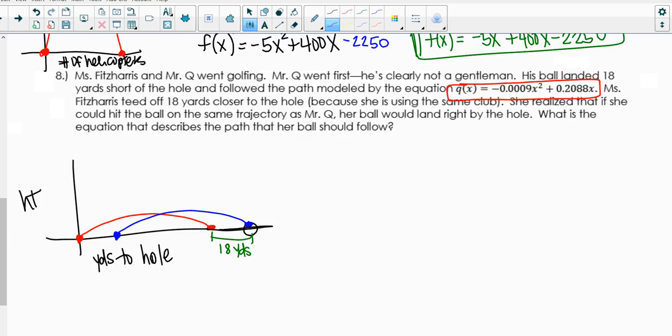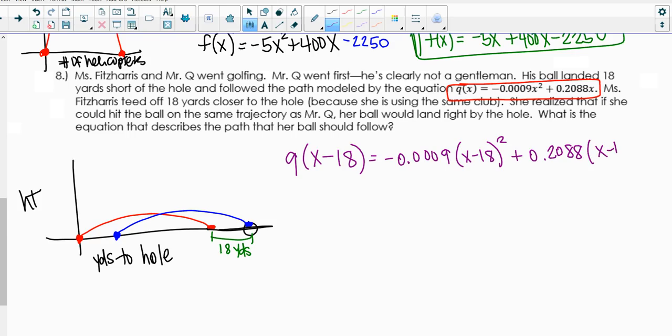Okay, so if I'm taking this equation right here and moving it 18 yards to the right, technically instead of q of x, I have q of x minus 18, right? Because if it's inside the parentheses, it's a horizontal movement, and we do the opposite. Well, that means that I'm going to take this, and I need to replace all of my x's with x minus 18 in order to have an equivalent function.